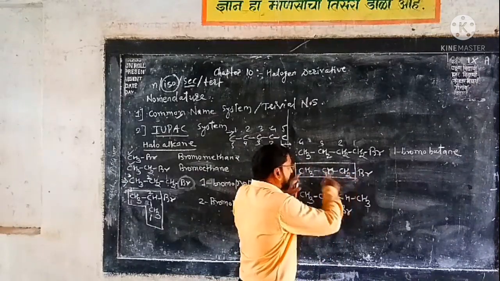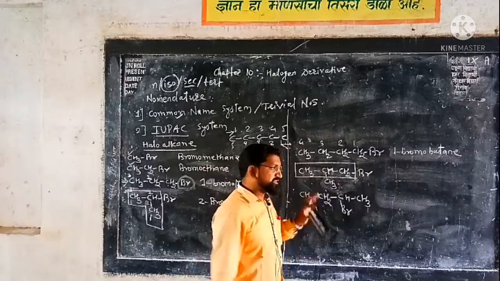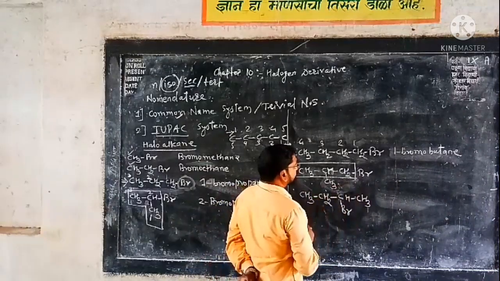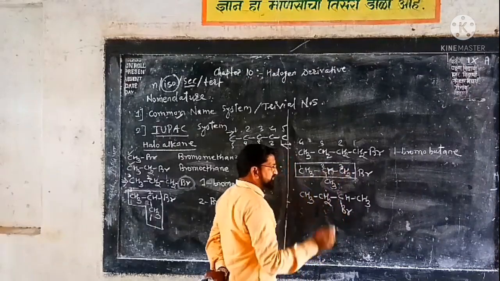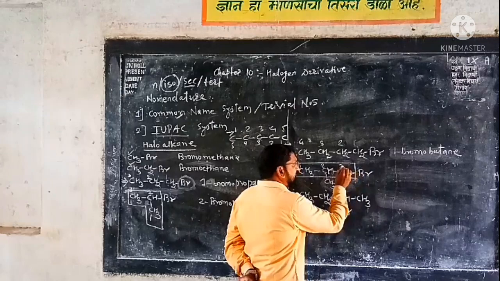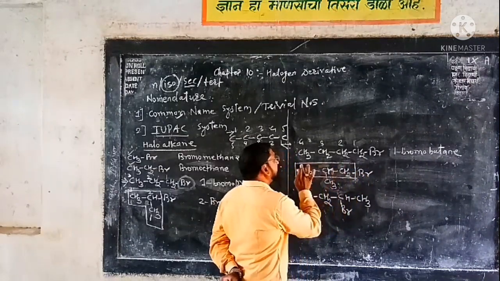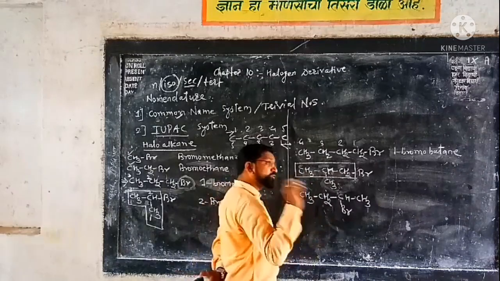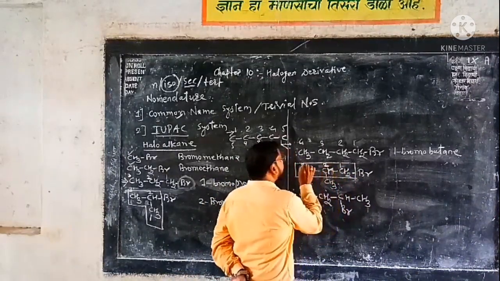Only the underlined or bracketed chain is the straight chain. So start numbering 1, 2, 3. Listen here. If we start like this, the attachment is here, so this position will not be favored. We have to start numbering from that end to which the attachment is closer. Therefore, it will be 1, 2, 3.